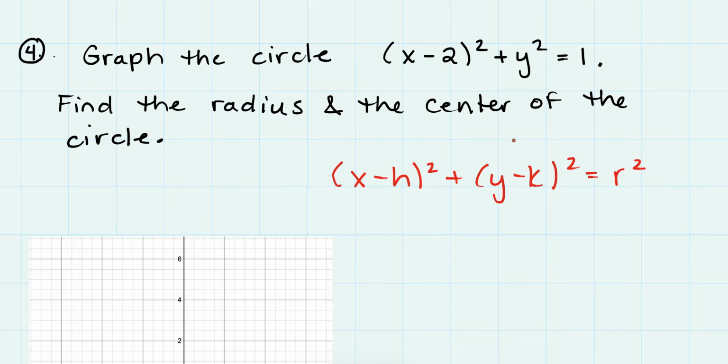Let's substitute these pieces. Since this is equal to this, let's plug it in. And since this piece is equal to this piece, I'm going to plug it in right here.